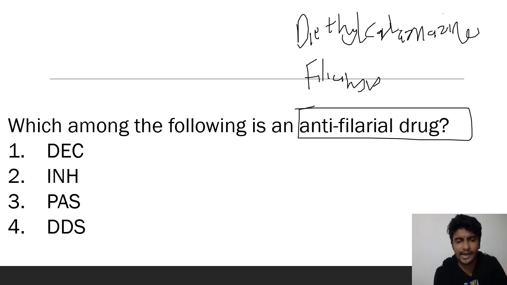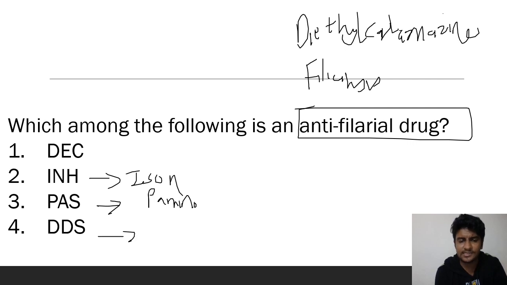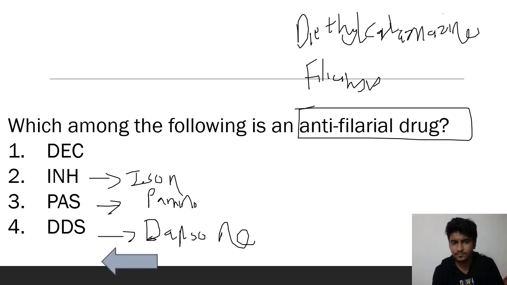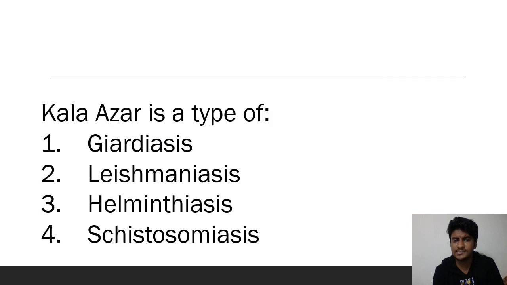So INH is isoniazid, which is anti-TB. PAS is para-aminosalicylic acid, which is again an anti-tubercular. DDS is anti-leprotic, diaminodiphenyl sulfone, which is dapsone. And DEC is diethylcarbamazine. So the right answer is DEC.